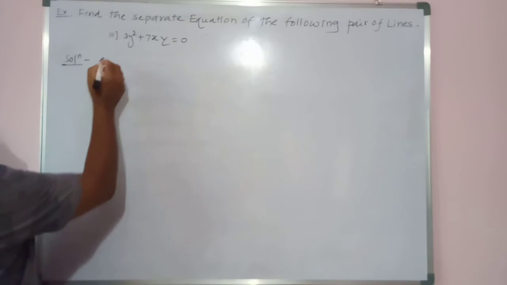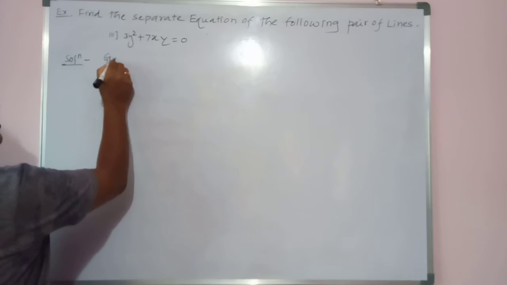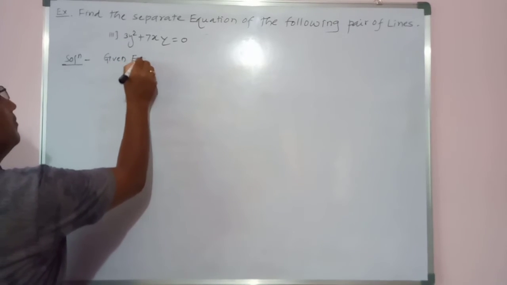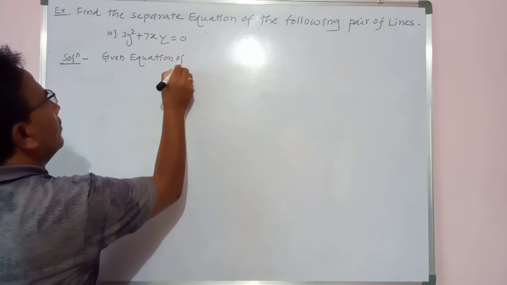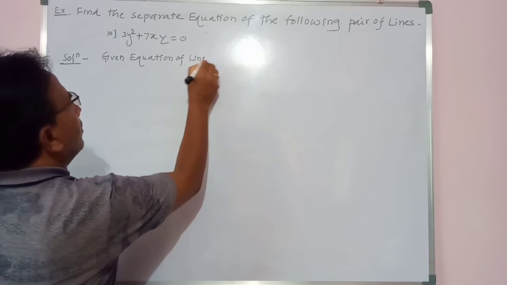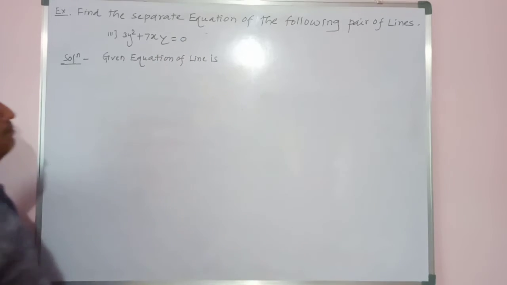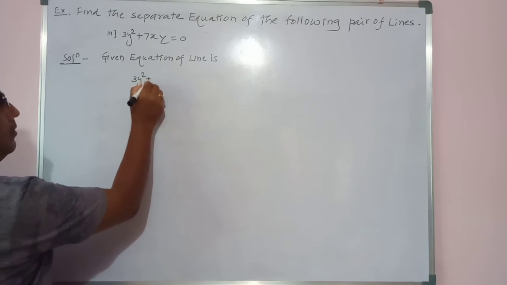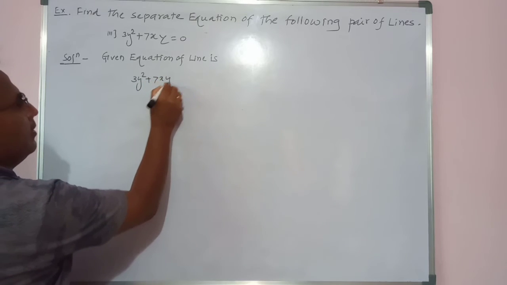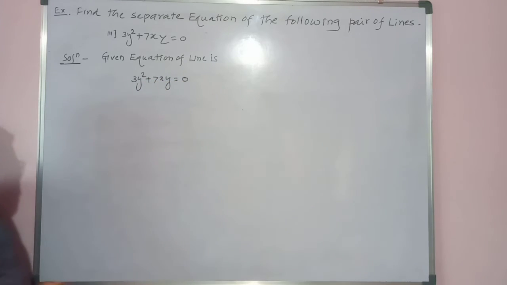The given equation of lines is 3y² + 7xy = 0.